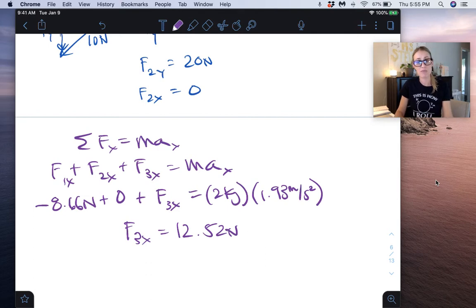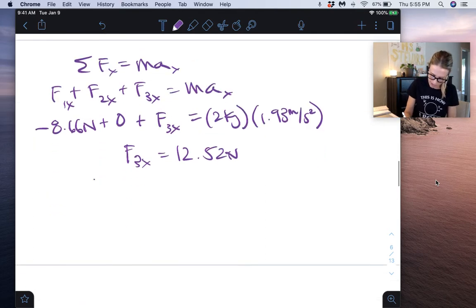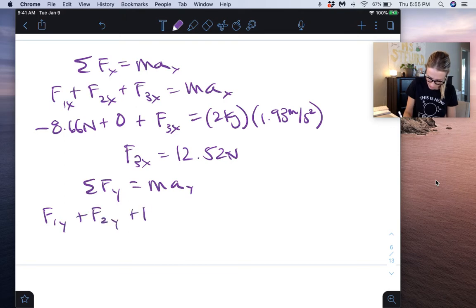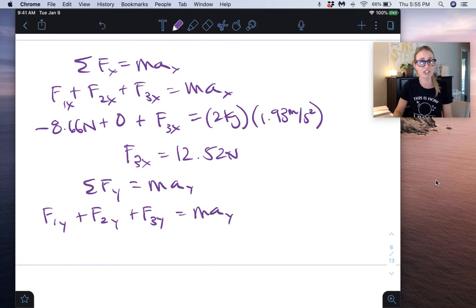Now we have to do the same thing for the y direction. Net force in the y direction is equal to mass times acceleration in the y direction. So force 1 in the y direction plus force 2 in the y direction plus force 3 in the y direction equals mass times acceleration in the y direction.